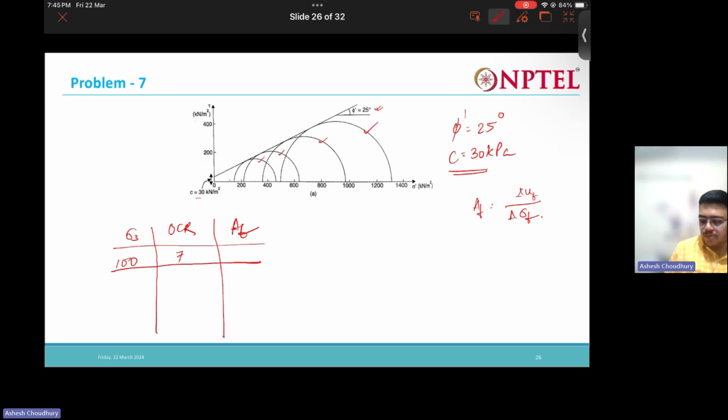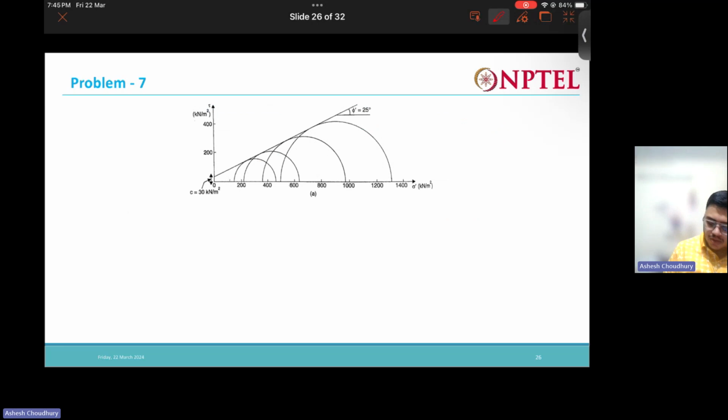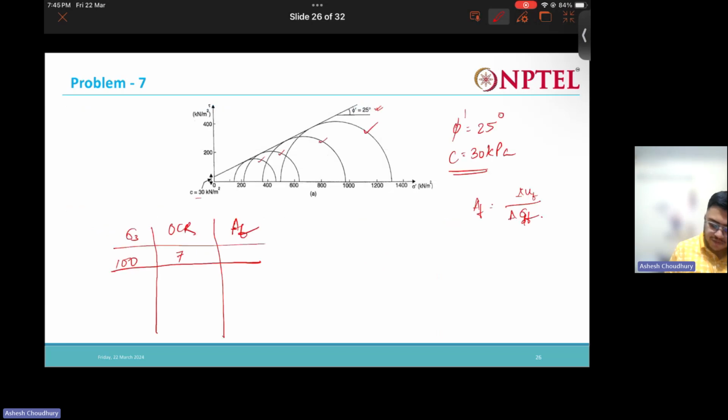What will be the AF? It is delta UF by delta sigma DF. So minus 45 divided by 300, that will give us minus 0.15.